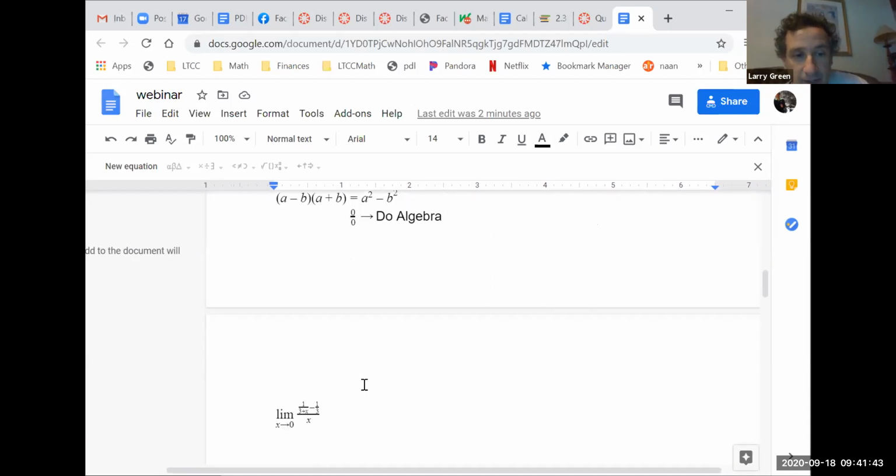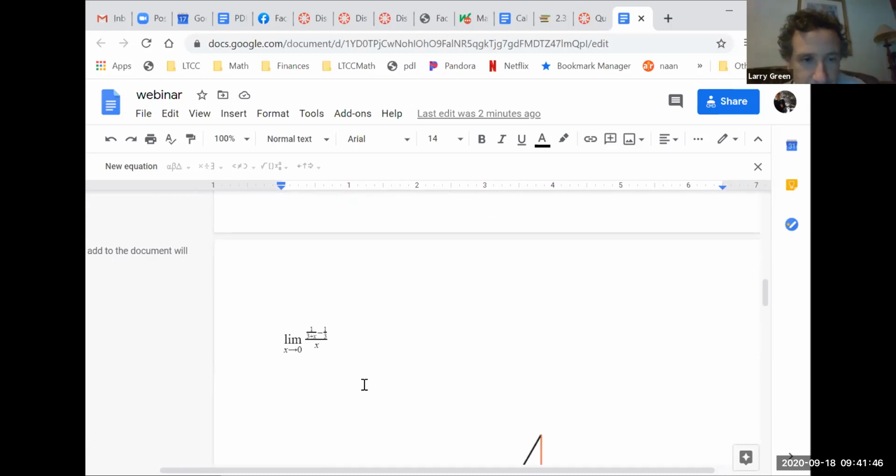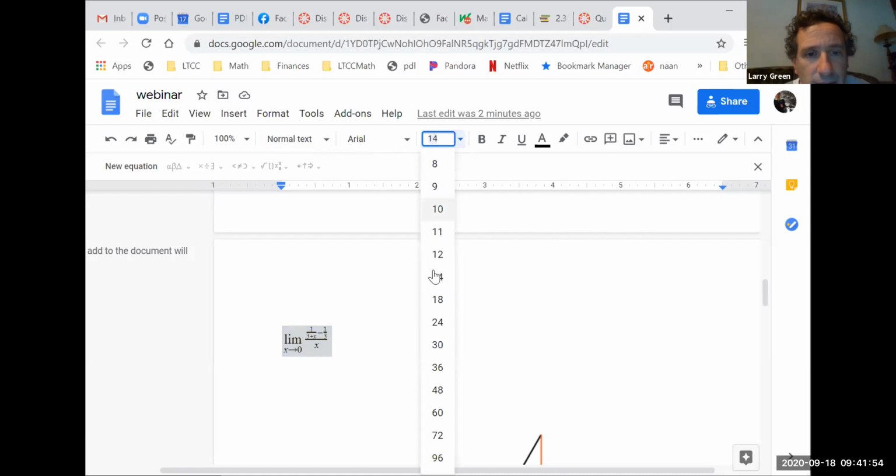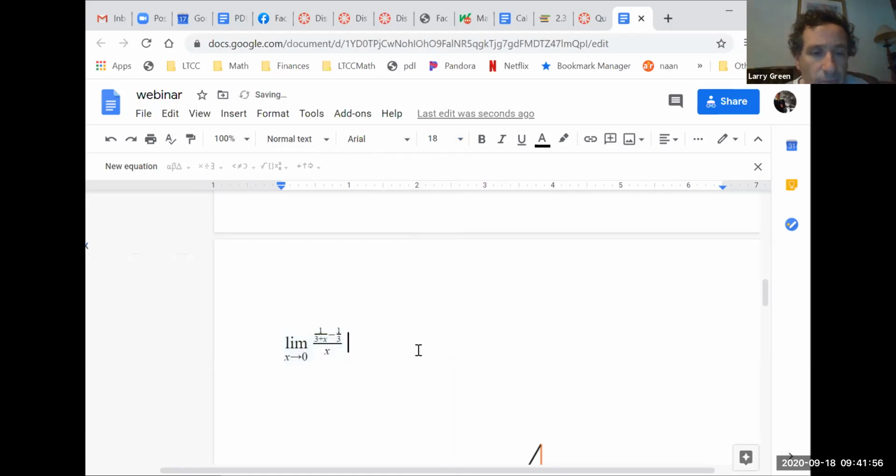Okay, let's do the third one. A little bit more algebra. What's our first step? We have a limit. Maybe I'll make this bigger. So we have a limit as x goes to 0 of 1 over 3 plus x minus 1 over 3, divided by x.